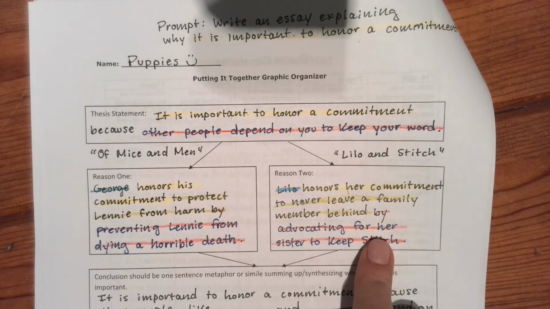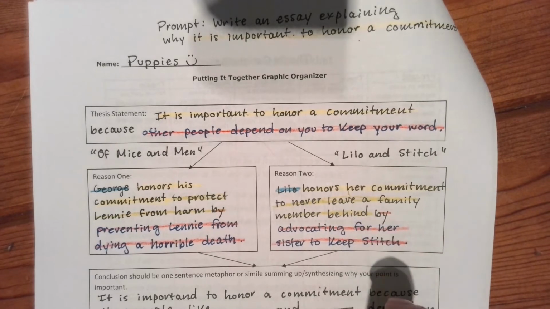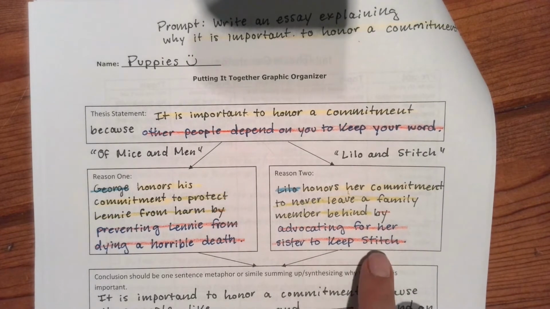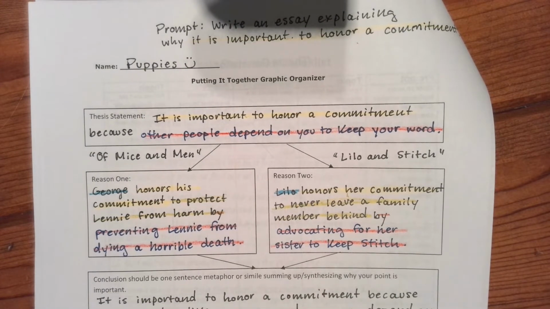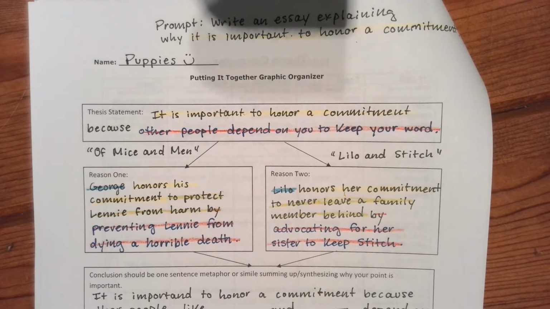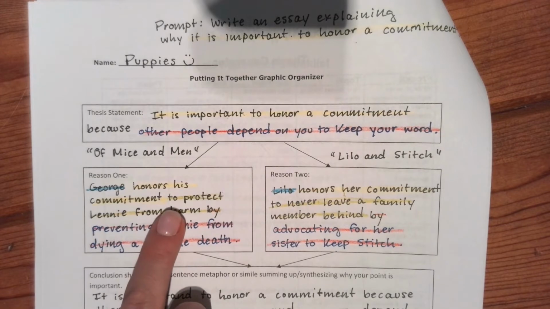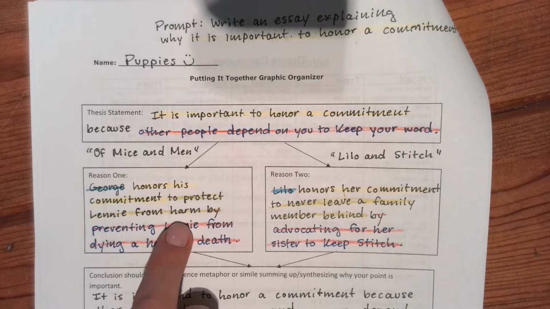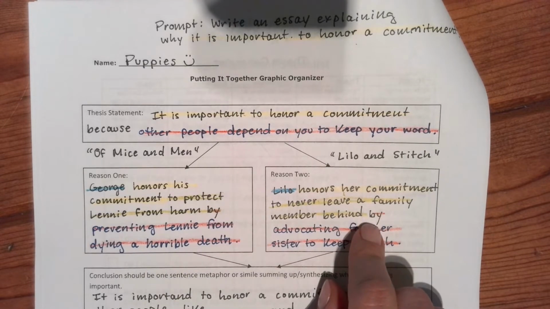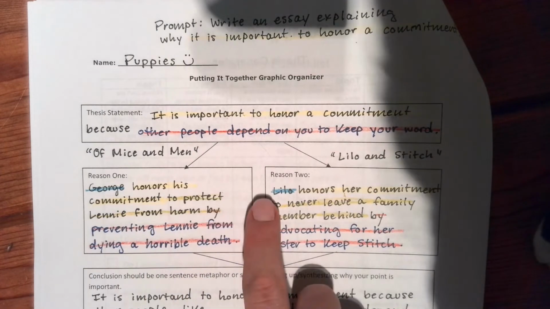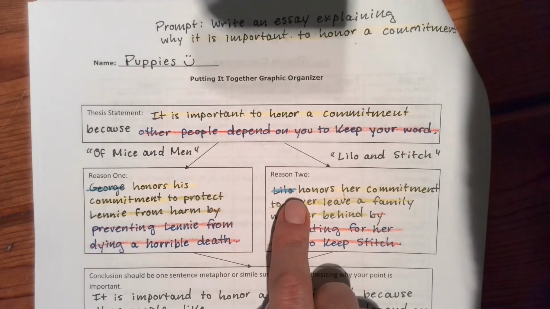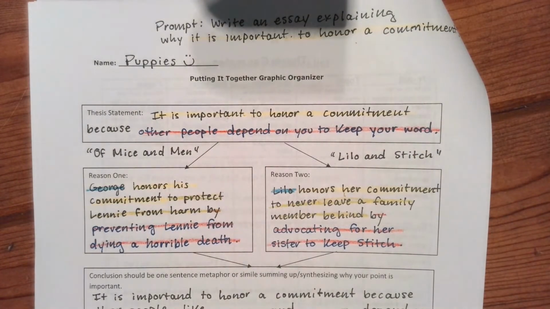Then I put my why in my second example. How did Lilo keep her commitment? By advocating for her sister to keep Stitch. And I get even more specific. I don't leave my reader hanging by telling them what the specific commitment was. This commitment is to protect Lenny from harm. This commitment is to never leave a family member behind. And then, of course, I have my blue, which is my characters specific to my examples.